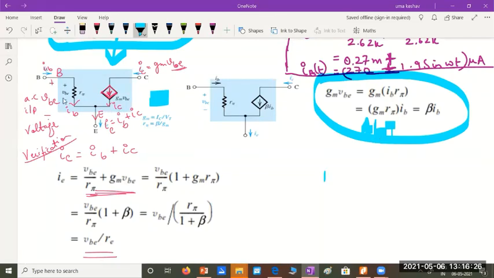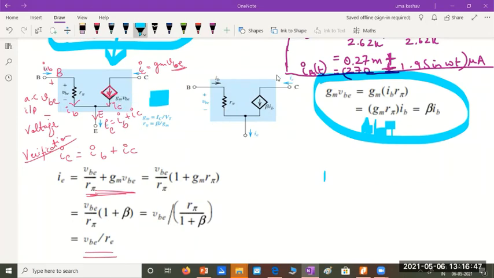The hybrid pi model can either be written with R pi on the input side and GM VBE on the output side, when I want to consider a voltage dependent current source. In terms of the input voltage, we are writing the value of the output current as GM into VBE.